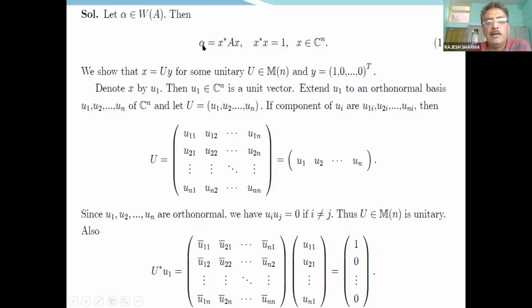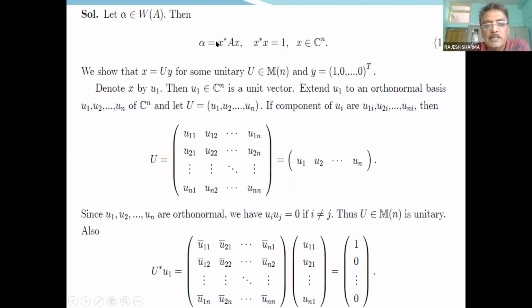Suppose alpha is in the numerical range, then alpha is equal to x star Ax for some unit vector x belonging to Cn. Now we show that x is equal to Uy for some unitary U, where y is this vector 1, 0, 0 transpose. Why? Because then we put x is equal to Uy, and this will become y star U star.